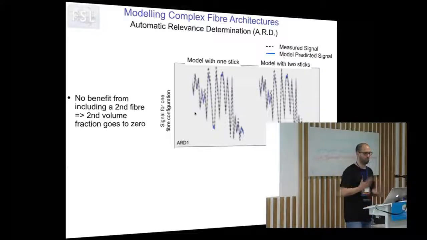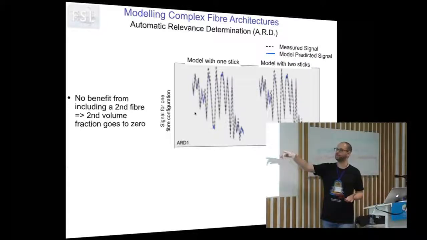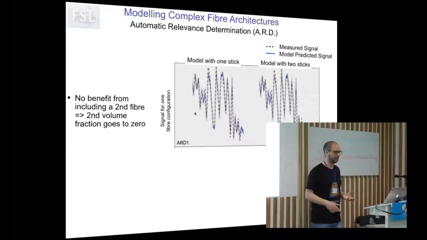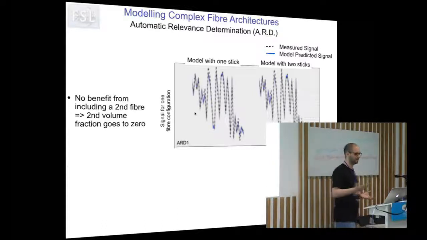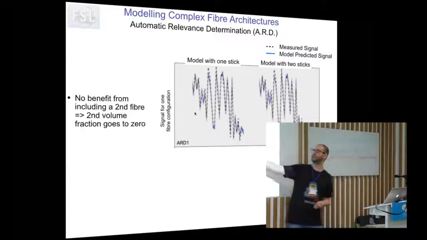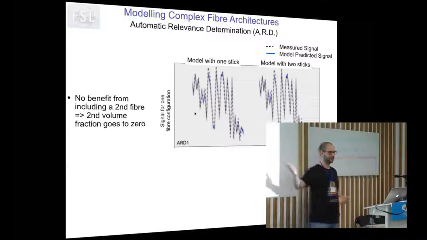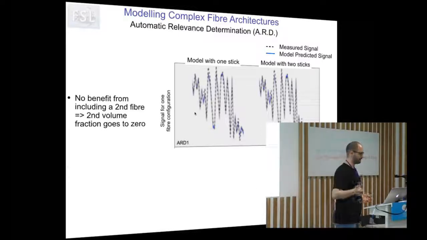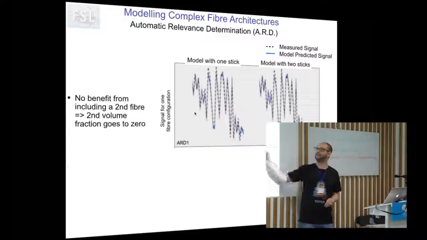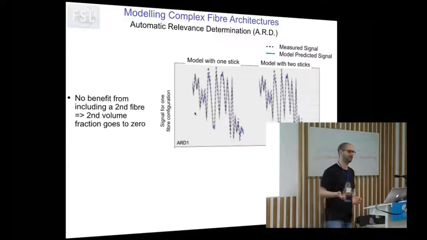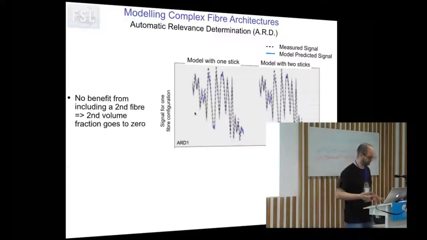So we are in a certain voxel, our diffusion profile looks like that, so all the signal goes up and down depending on the diffusion anisotropy behavior. And if we model this signal with 1 or 2 sticks, so we're able to predict the signal following the blue line, we don't have any significant gain between the two different modeling approaches, right?